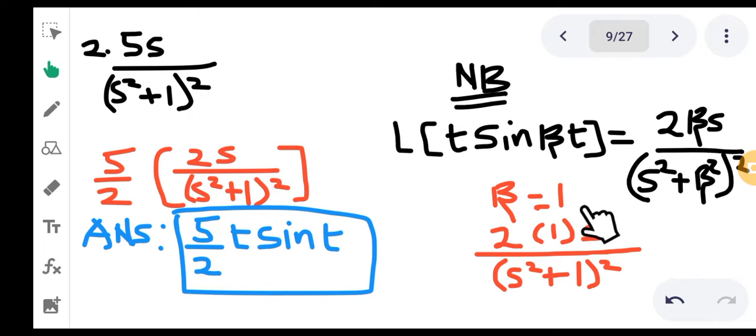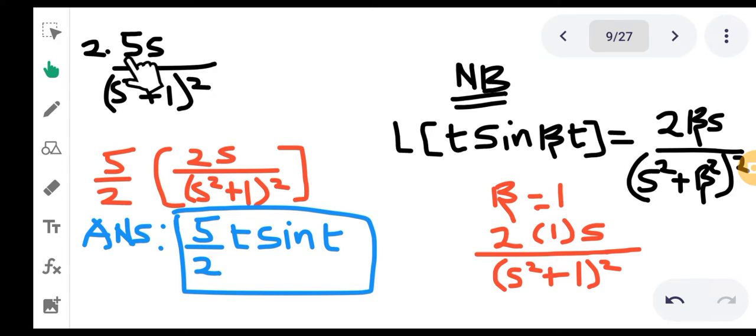But when we get this, we are getting 2s over s squared plus 1 all squared, and this is not the same thing as this. So the Laplace inverse of 2s over s squared plus 1 all squared will give us t sine beta t. Here the beta is 1, so t sine t.